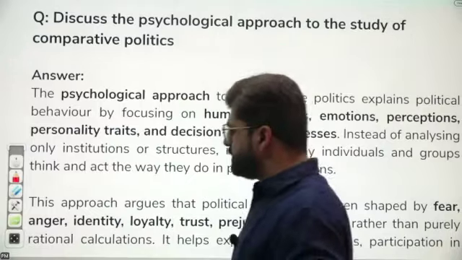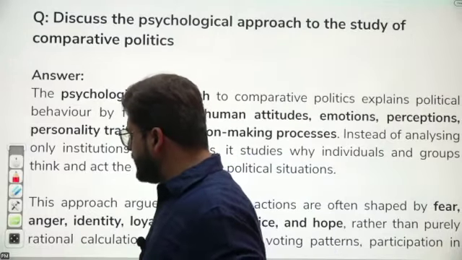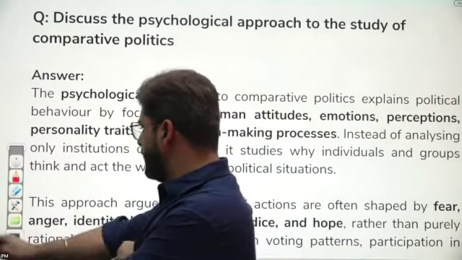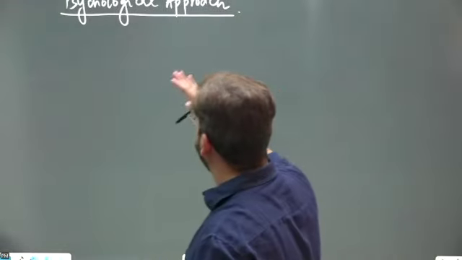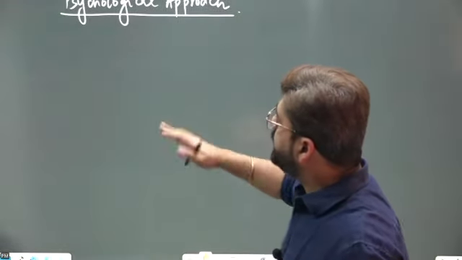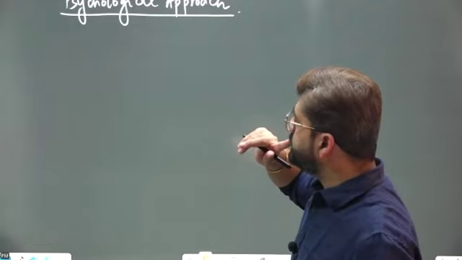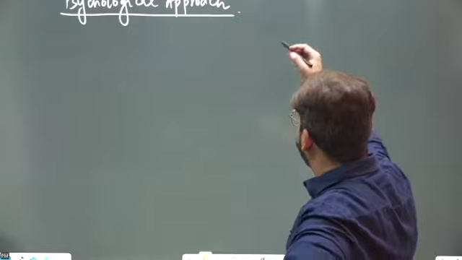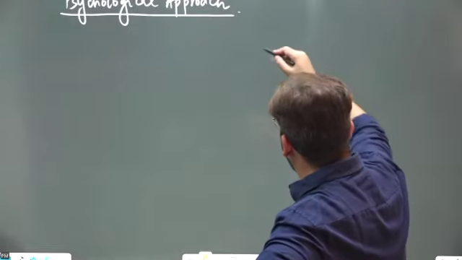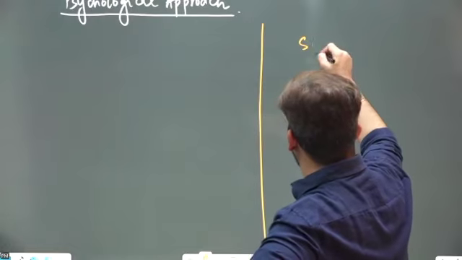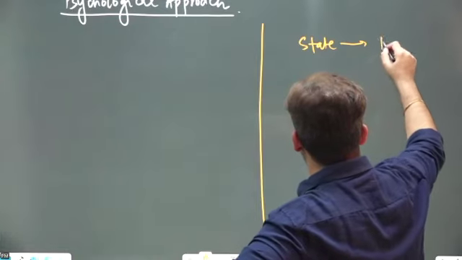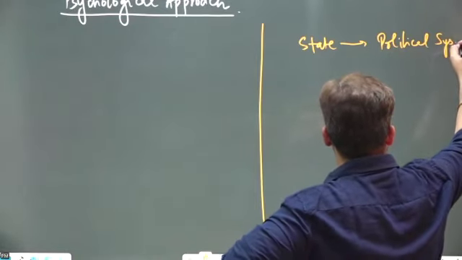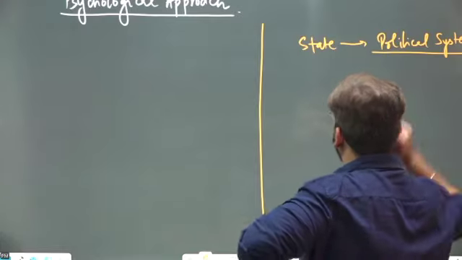Very simple. Look, to understand the psychological approach, it's actually very easy. It's simply about the psychology of a political agent. But what we'll try to do, through the psychological approach, is have a framework. If you remember, we have shifted the definition of state to political system, right? In the systems approach, state is called a political system.